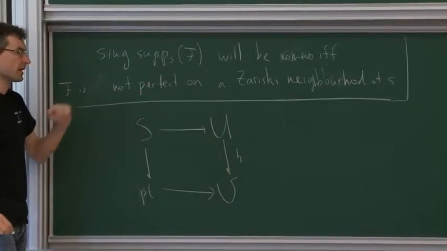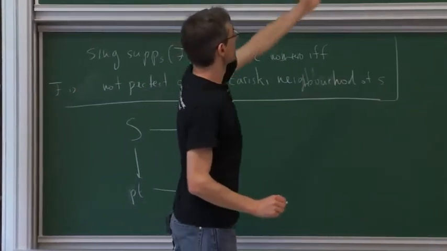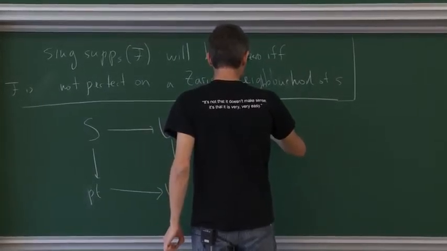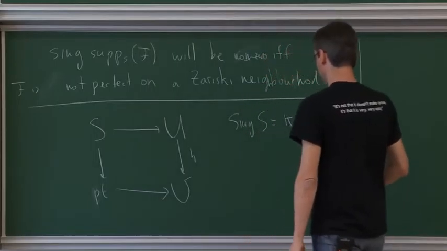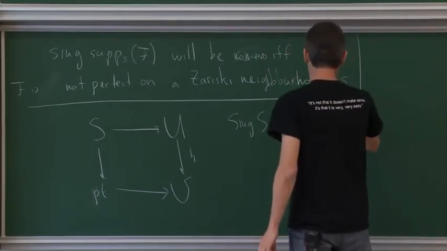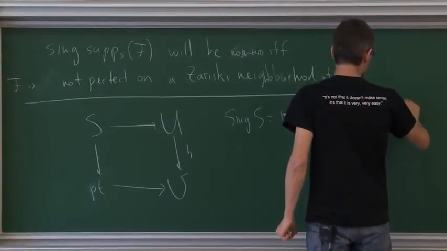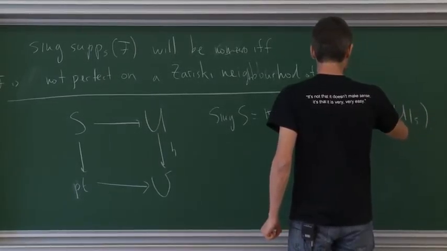So the Cartesian square is taken in the derived sense. And parallel to this, Sing of S is the kernel of the map from T star V restricted to S to T star U restricted to S. So this is the dual of the differential.